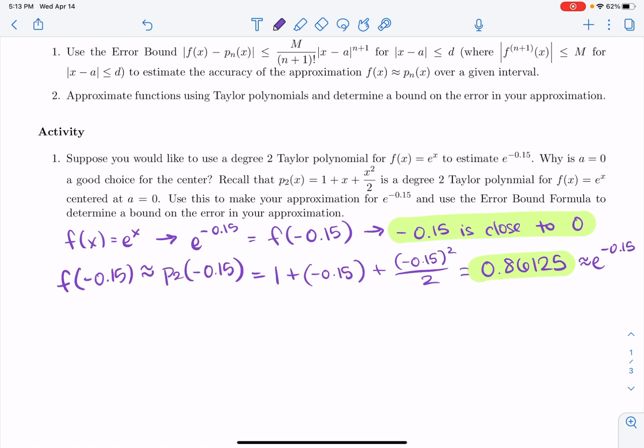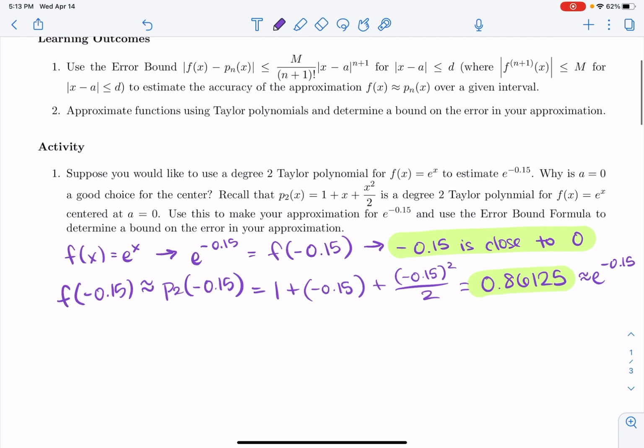Okay, so now I want to use the error bound formula to determine a bound on the error in my approximation. Okay, so let's look at this error bound formula. The actual error would be f of minus 0.15 minus P2 of minus 0.15, which is less than or equal to M divided by, notice here I have n equals 2, which means n plus 1 is equal to 3.